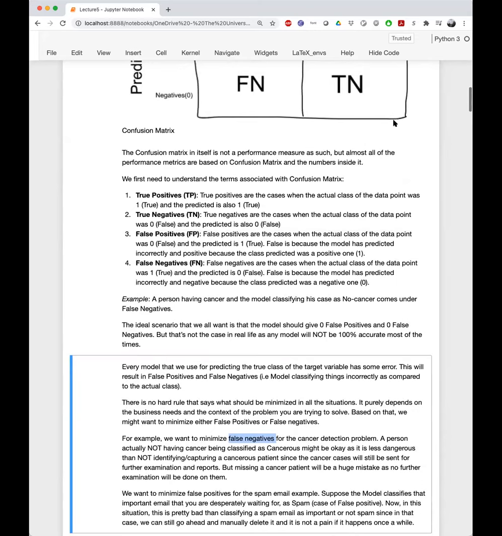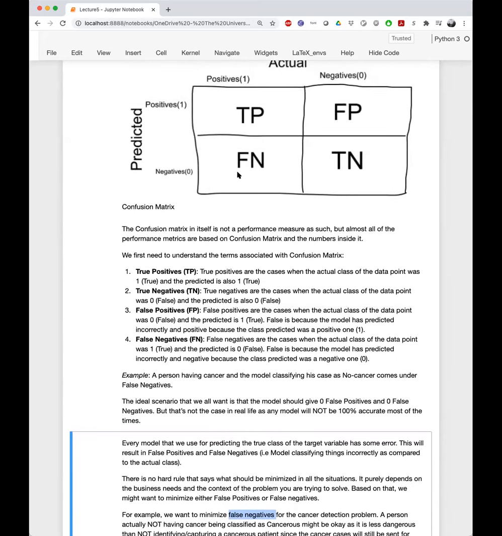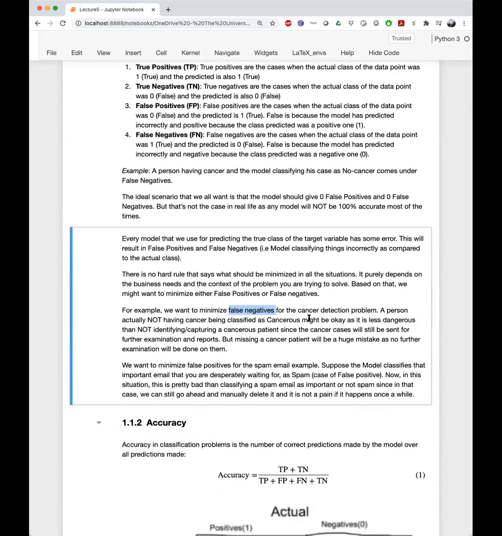And sometimes false positives are more important than false negatives. So we want to reduce false positives, and having more false negatives may not be a problem. This is the example of detecting spam emails. In this case, we want to minimize false positives.